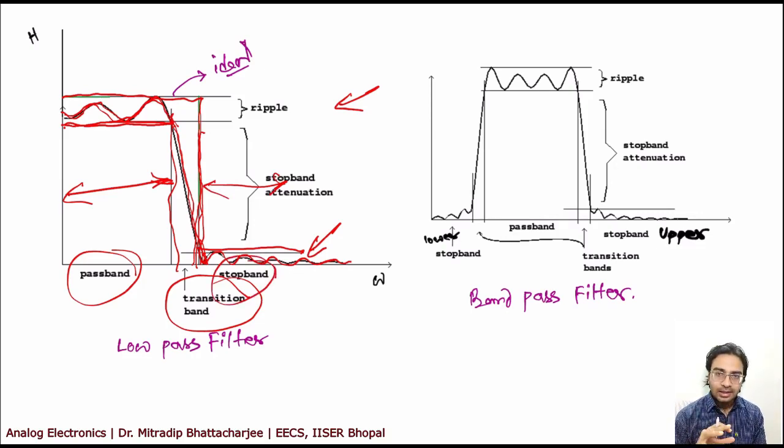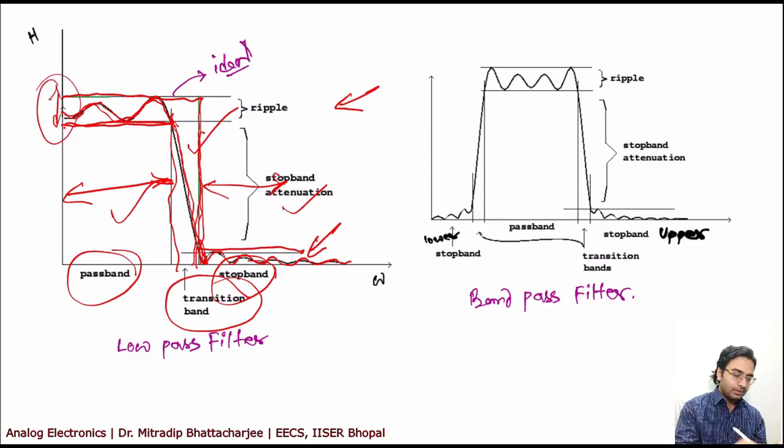So the characteristics of a low pass filter, or any filter, have three different zones: pass band, transition band, and stop band, and there are ripples associated with them. In the ideal case, we want the ripple to be 0. There is no ripple present in the filter characteristics. There is no transition band, so the transition band should be very low, or ideally equal to 0, and there should not be any ripple.